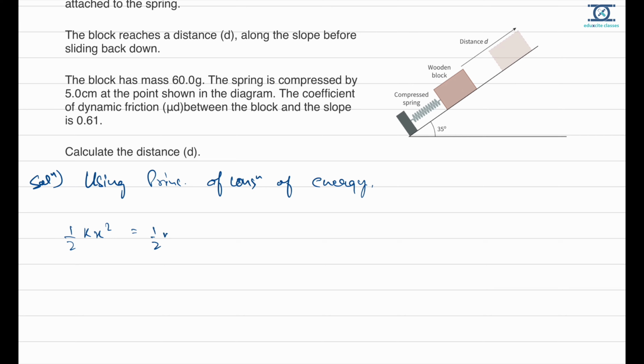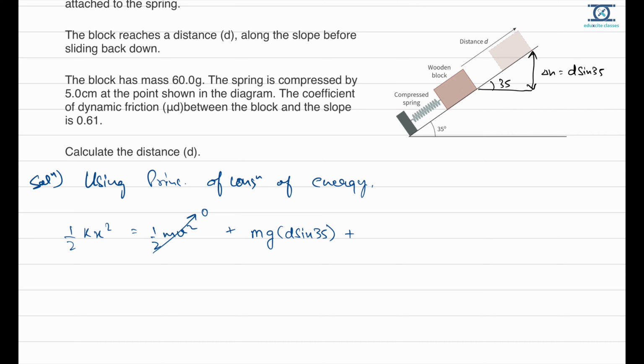So half m v square will be 0, plus, now it will gain certain height. The vertical height will be delta h. Now if this is d, and this angle is 35, this will be d sine 35. So there will be a gravitational potential energy of mg into d sine of 35, right?